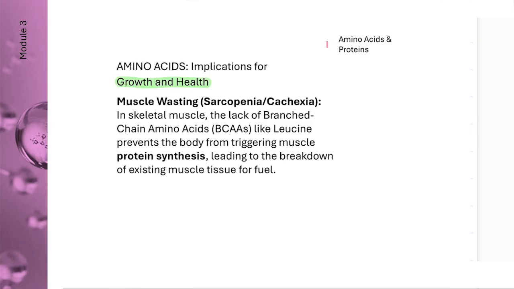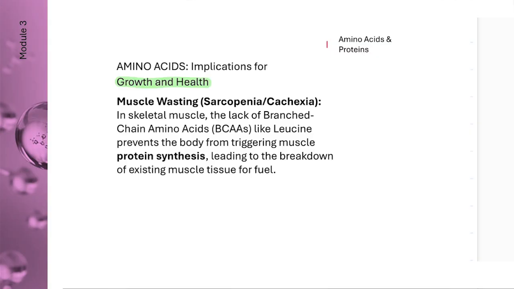That's why in the first 1,000 days of the life of a child, it's very important that the child gets the required amount of proteins. And it's not just about the protein, it's also the type of protein. And we know that the essential proteins are very necessary at this time.